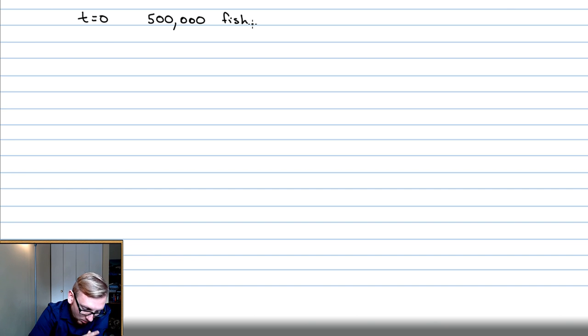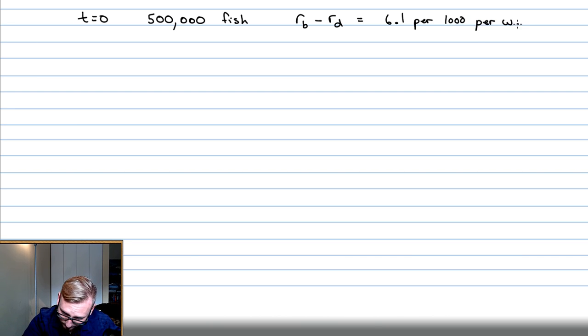The net growth rate coefficient, so the rate of birth minus the rate of death, is estimated to be about 6.1 per 1,000 per week. That already sounds like a mouthful.